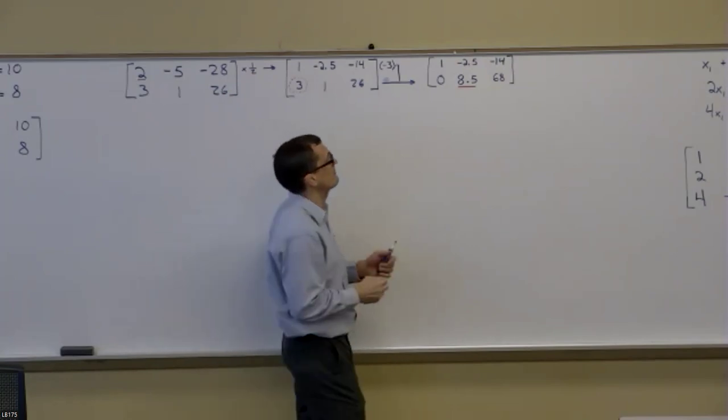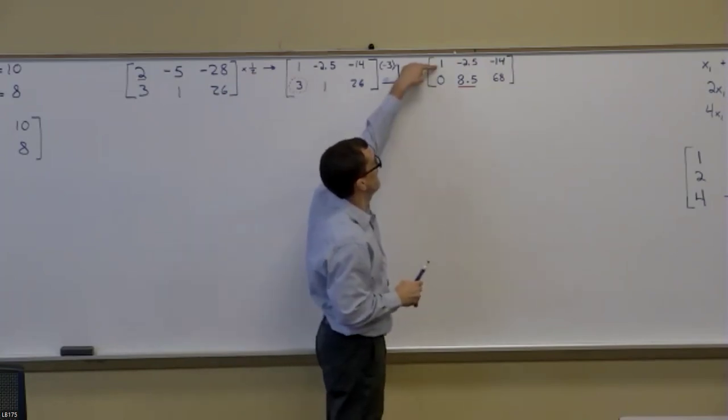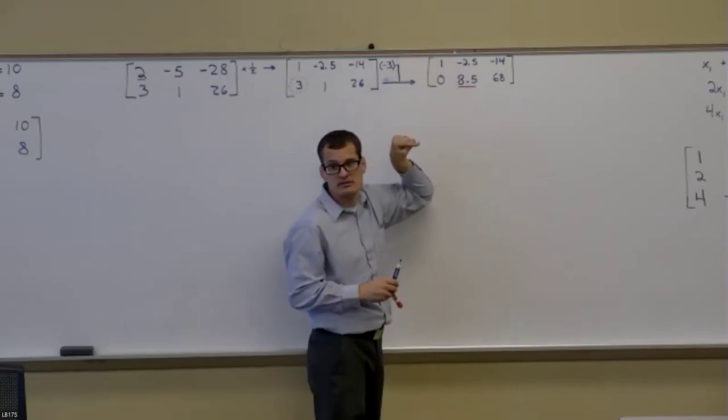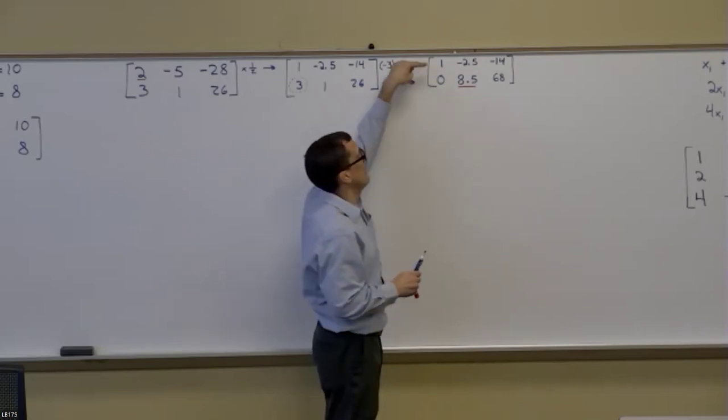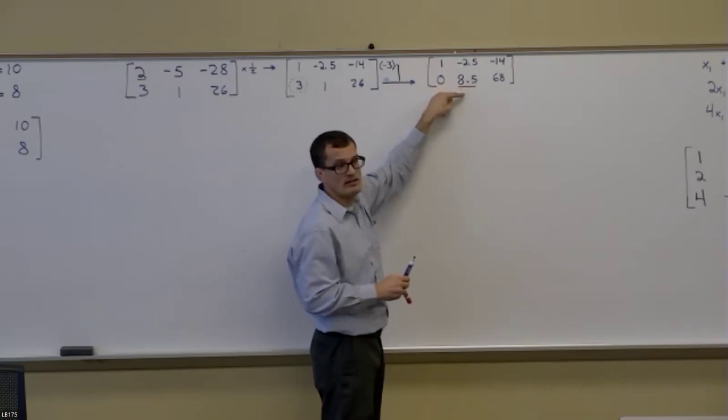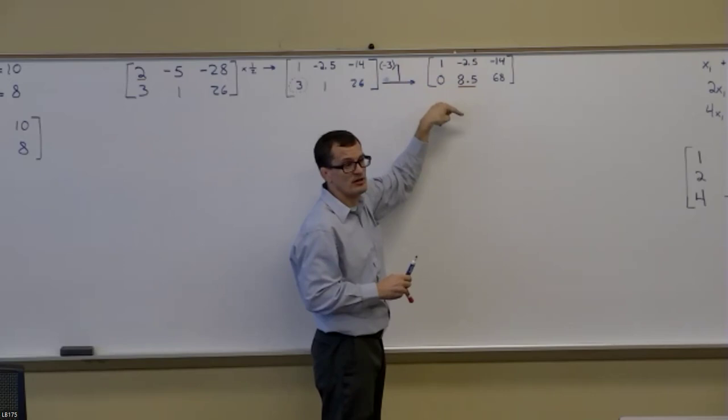My first pivot position has zeros above and below it. So now I move on to my second pivot position. I'm going to turn it into a 1 and then force zeros above and below it.